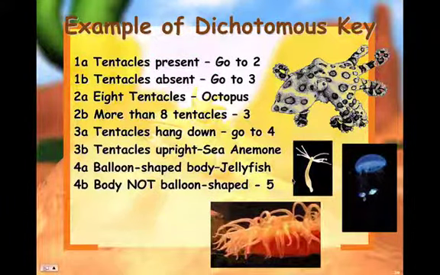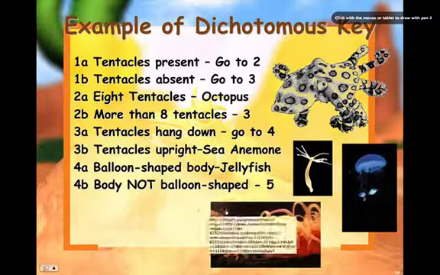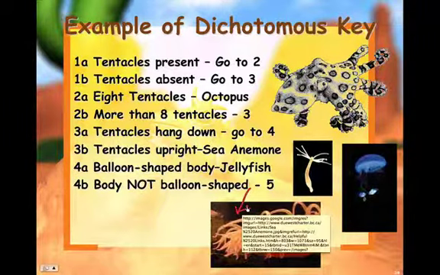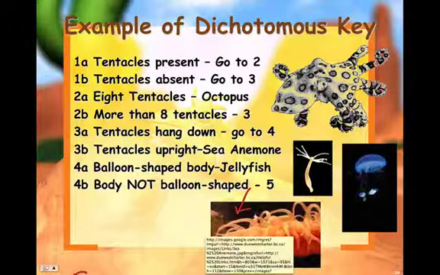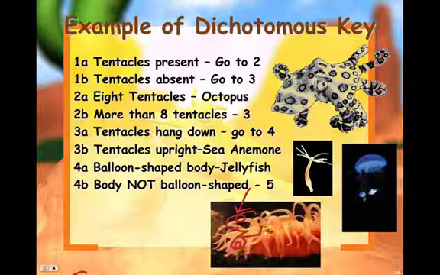Once again, you have to be very careful when you're constructing your dichotomous keys. So let's pick this one right down here. Tentacles present, tentacles absent. Tentacles are present. We can see the tentacles right here. So tentacles are present, and it says go to number 2.